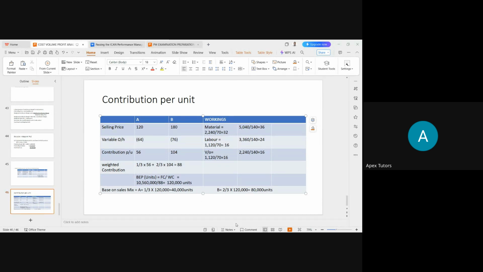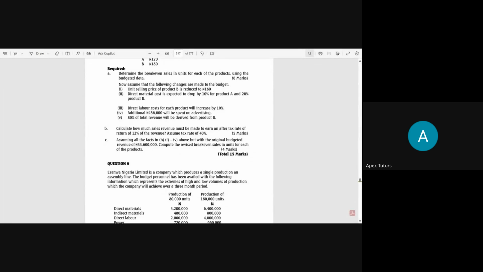All right, so let's look at the B part of the question. You have to interpret it yourself, because if you can't interpret, there will be issues. You see things like this in these exams.